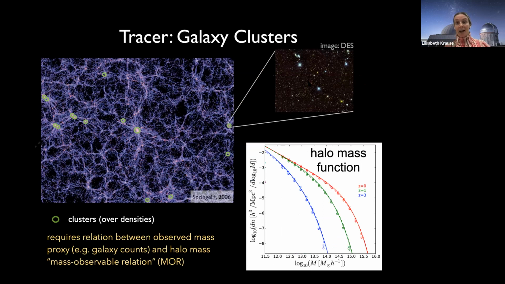And then we have to figure out how that relates to the underlying halo mass function, which again is a probe of distribution of peaks in the early universe, volume evolution and structure growth. In order to do that step, we need a relation between the observed mass proxy, in this case galaxy counts, and the true halo mass. It's then called the mass observable relation, and is one of the key systematics in these analyses.